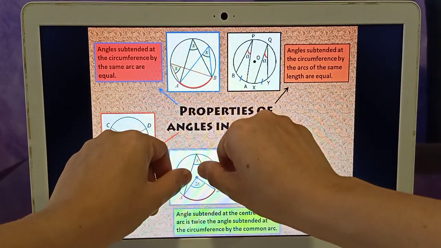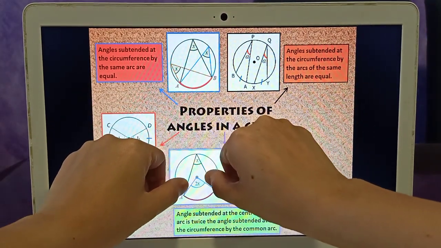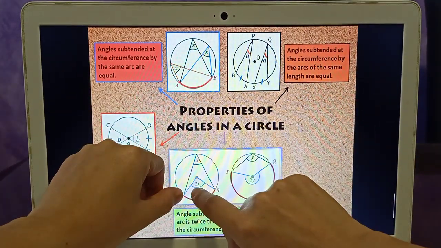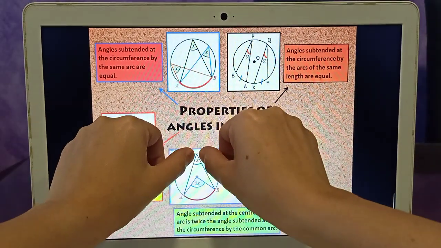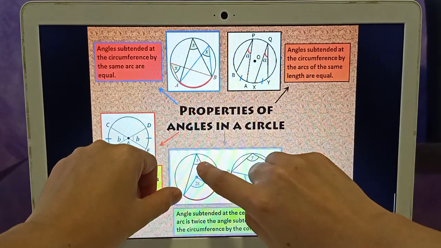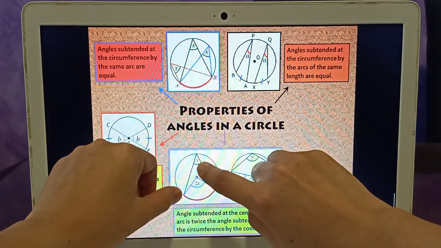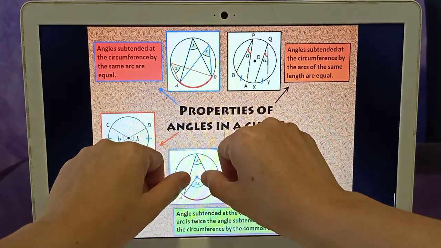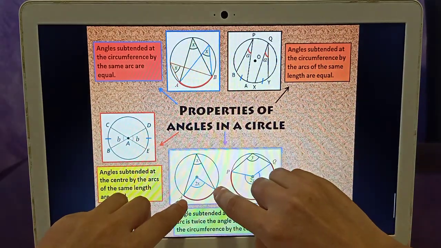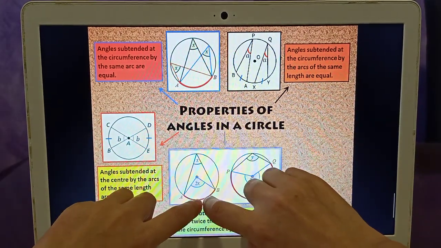You see these two radii? They form an angle subtended at the center. And these two chords form an angle subtended at the circumference. So these two are subtended by the same arc, which is AB.